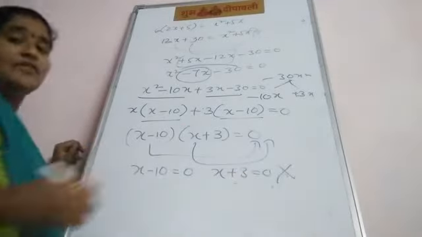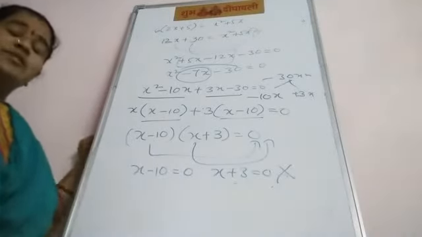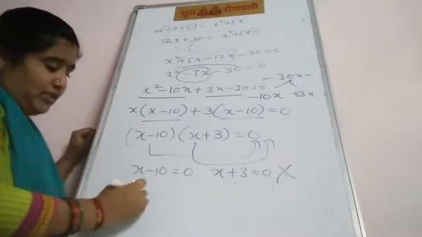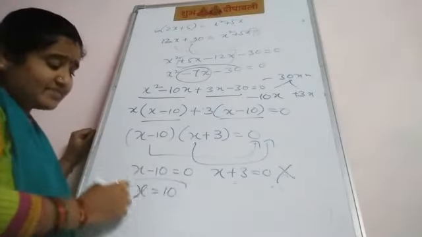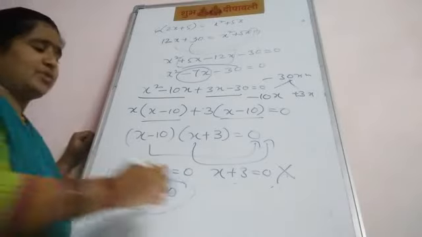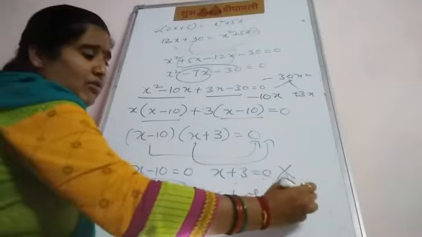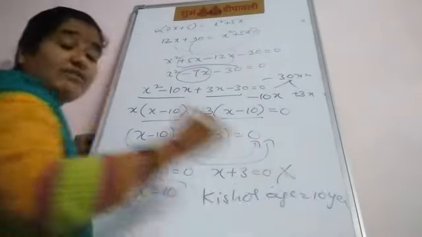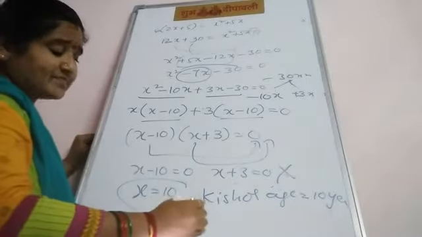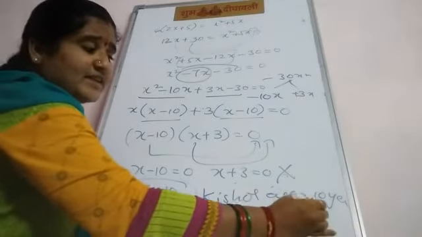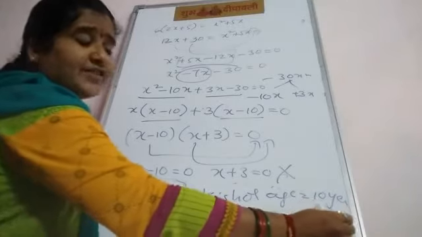This one we will ignore, neglect, because age cannot be negative. x equal to 10. This x is who? Kishore. Kishore age equal to 10 years. Then what about Vivek? Vivek equal to x plus 5, that means 10 plus 5 equals 15 years.